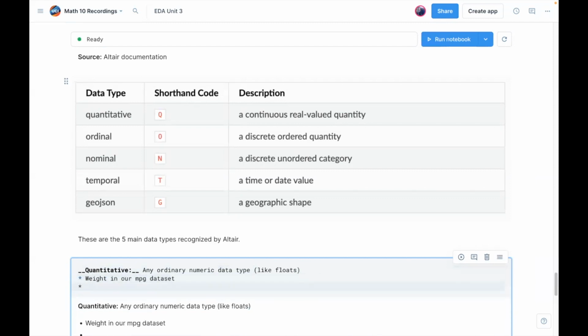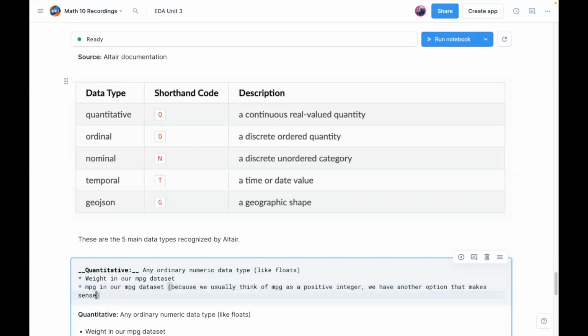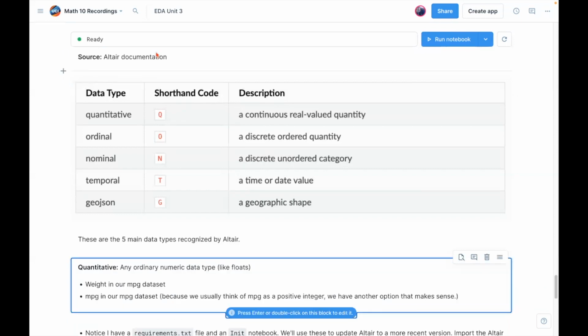We could also talk about miles per gallon, but because we usually think of miles per gallon as a positive integer, we have another option that makes sense here, which we'll get to in a moment. The description that Altair provides is a continuous real-valued quantity, so anything you can imagine existing on some continuous spectrum of numbers.